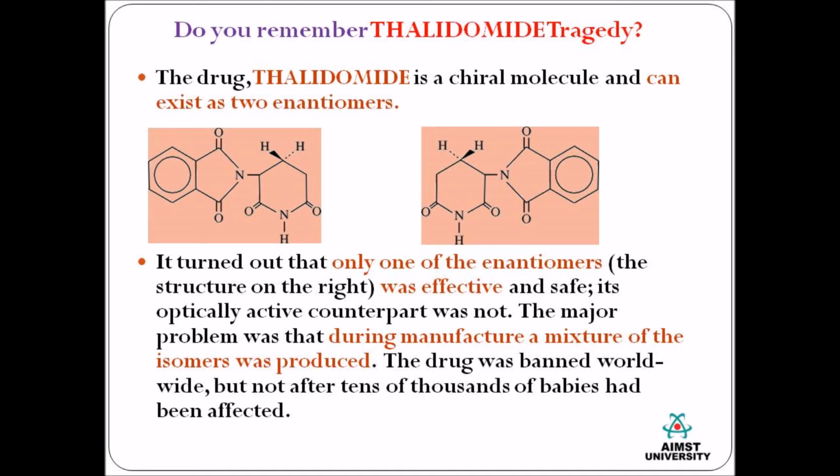During manufacture, a mixture of isomers was produced accidentally, and the drug was banned worldwide, but not until tens of thousands of babies had been affected. The structure on the right hand side is safer and the left hand side is the reason for this thalidomide tragedy.